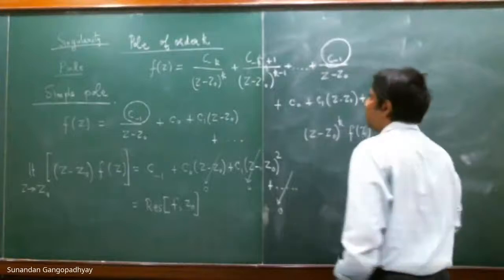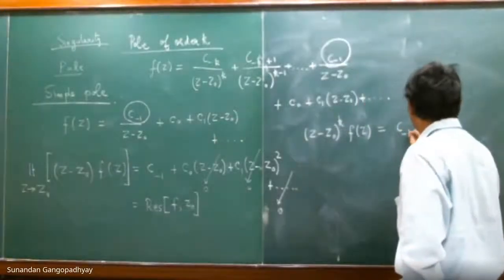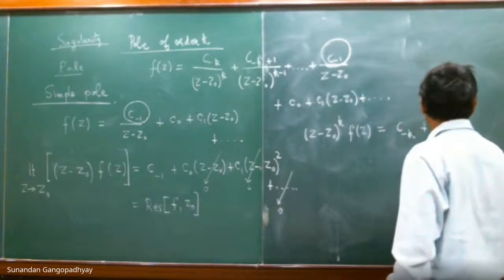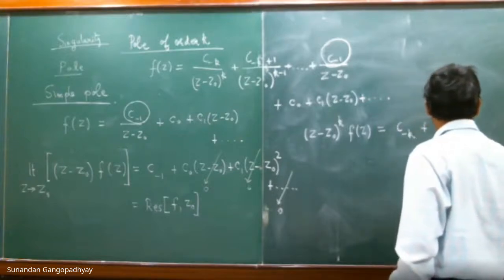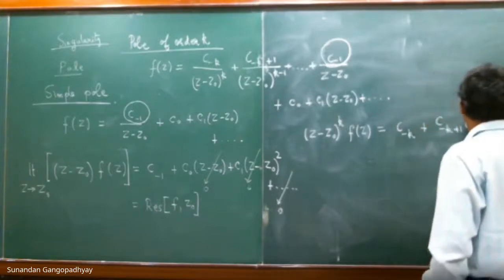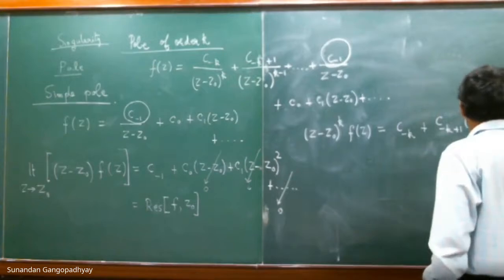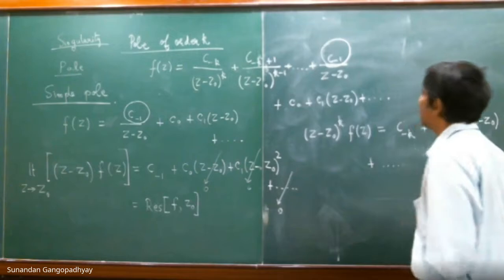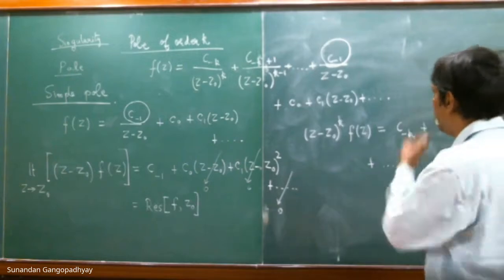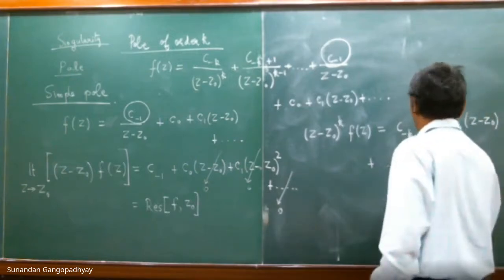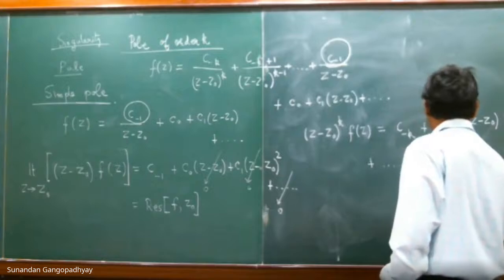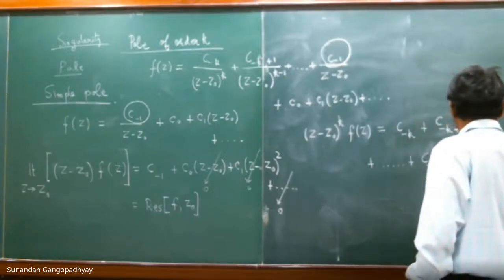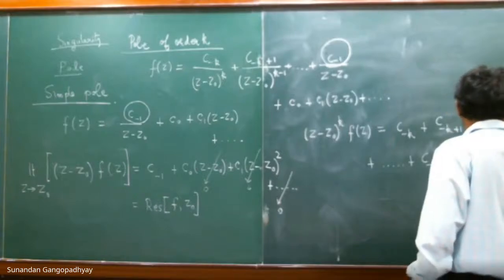And what we shall have is c minus k plus c minus k plus 1 times z minus z naught, plus dot dot dot, then plus c minus 1 times z minus z naught to the power of k minus 1. Is it clear?